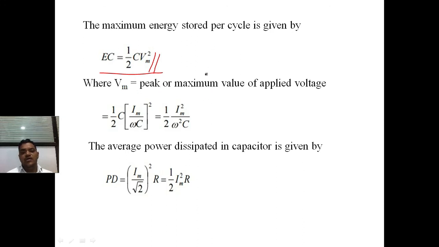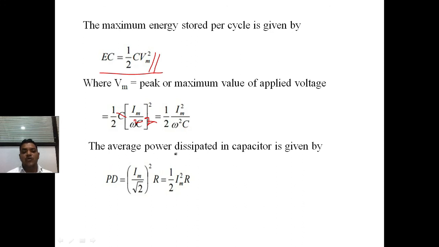So it is 1 upon 2 C into Vm square, and Vm is given by Im upon omega C, that is Im upon Xc, squared. So 1 upon 2 Im square upon omega square C square, and one C and the square parameter get cancelled out. Therefore the equation is 1 upon 2 Im square upon omega square C.